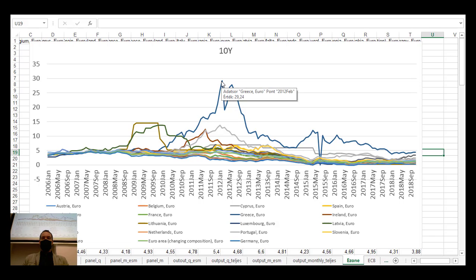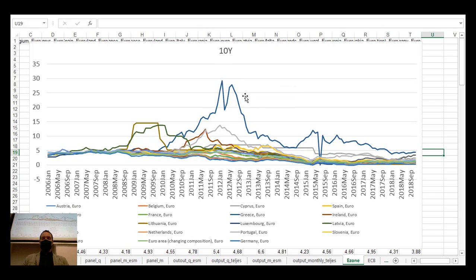So at the peak point, if they were issuing a government bond, they were able to collect only 70% of the par value. So yeah, it was a disaster.